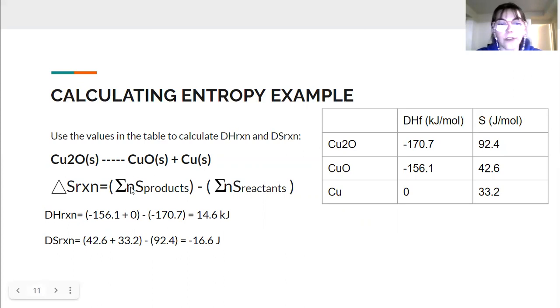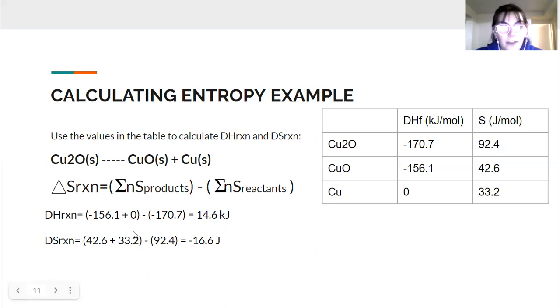So we take our delta H of formation value of copper monoxide here, negative 156.1, plus our delta H of formation value of copper here, which is 0, minus our reactants, which is our copper(II) oxide, negative 170.7, so minus the negative 170.7. And that gives us a value of 14.6 kilojoules.